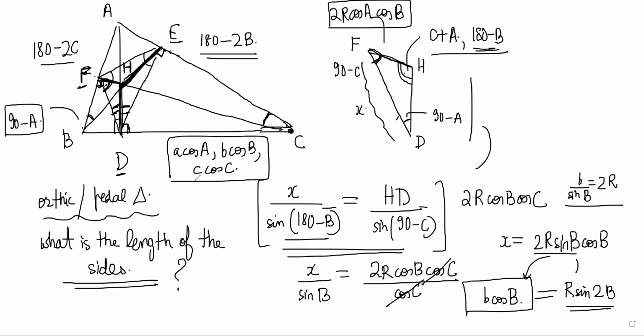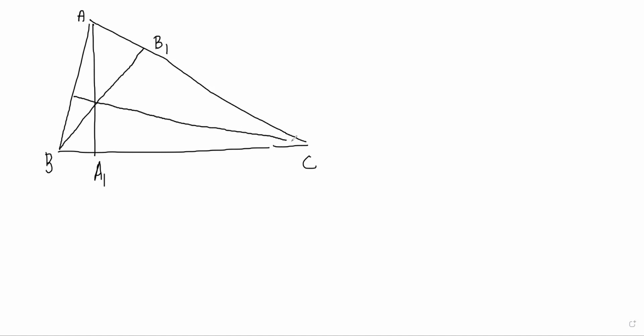Correct. Is everyone understanding this? Yes, sir. Okay. Now, what I want you to think about is, suppose you have a triangle like this. Let this be A, this is B, this is C. Let AA1, BB1 and CC1 be the altitudes of the triangle.